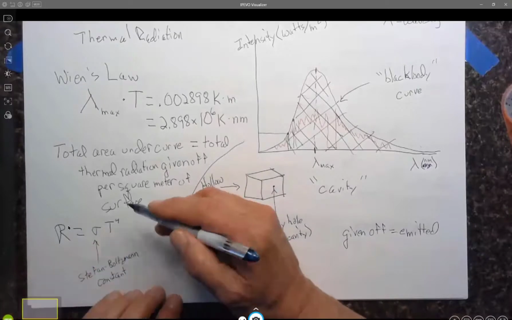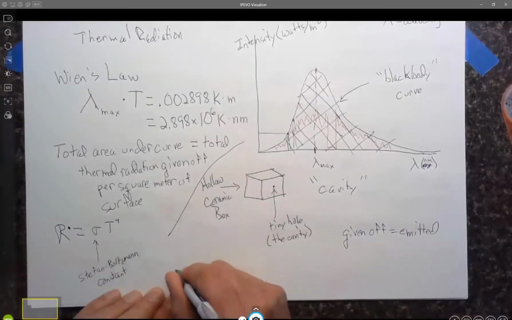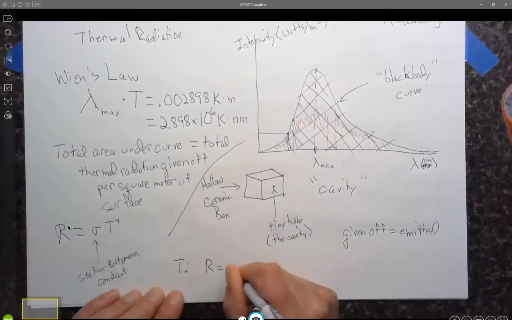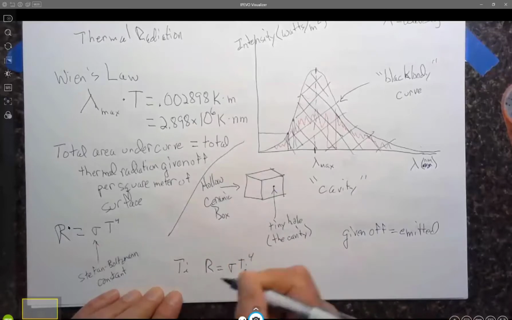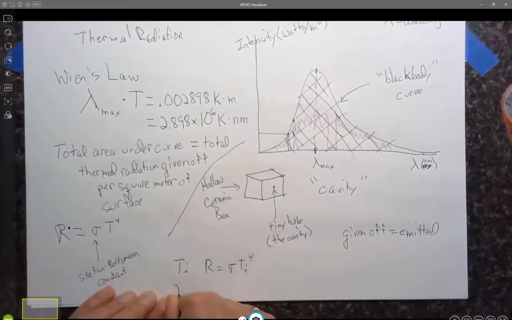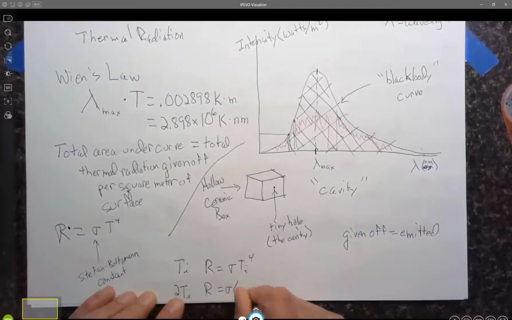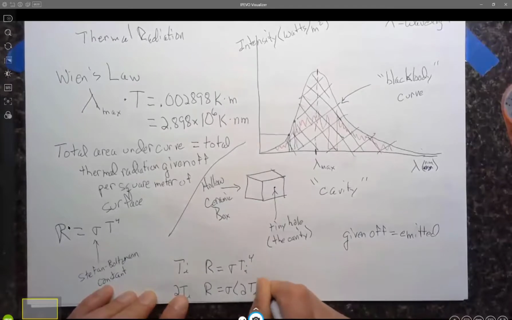Okay. If you just double the temperature, so if you have some T initial, the radiation given off is going to be sigma times T initial to the fourth. If you double the temperature, so the temperature goes to 2T initial, the radiation is going to be sigma times (2T initial) to the fourth.